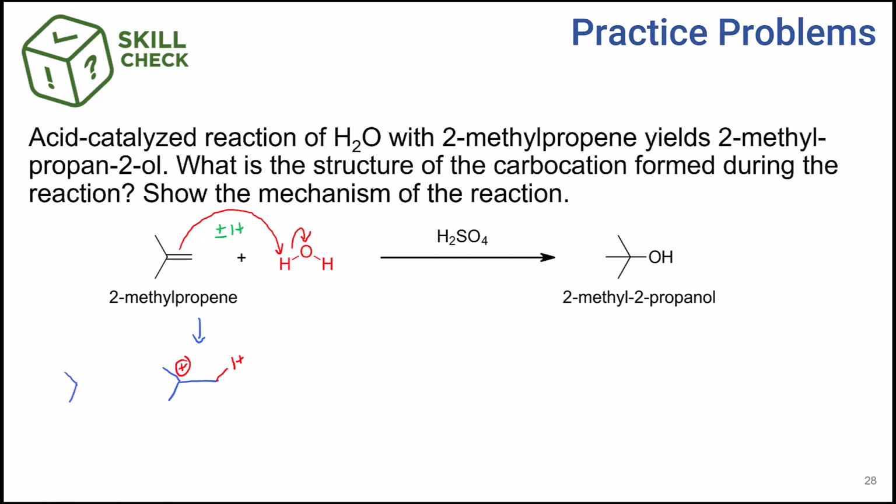So I don't form this one. This is a no because it's less stable. So tertiary carbocation is more stable. So that was my proton transfer, and I formed OH minus in the process.